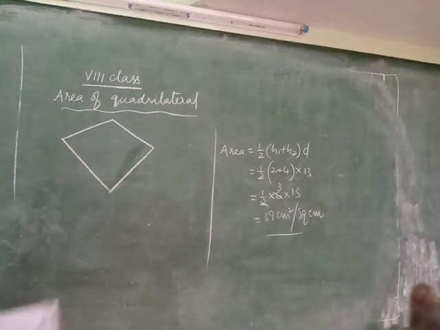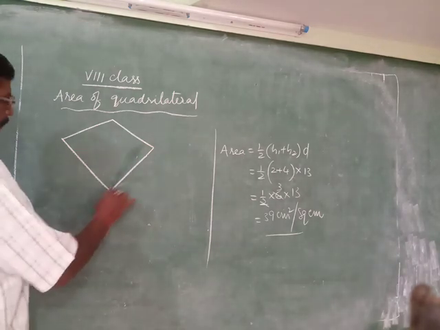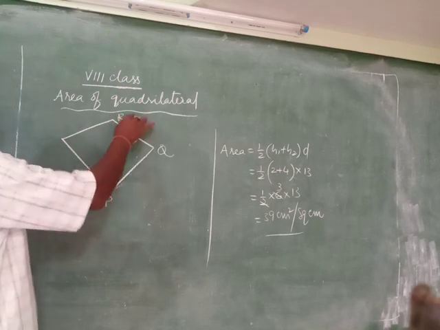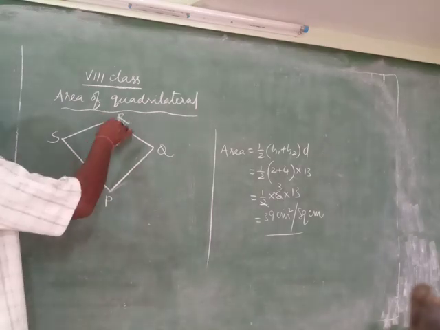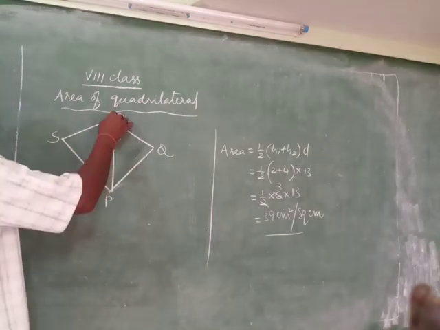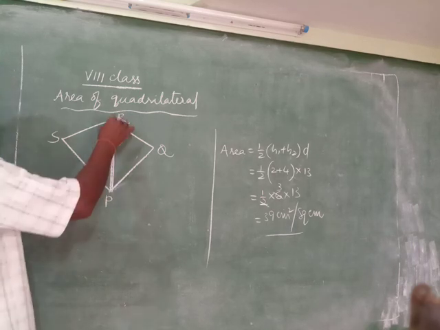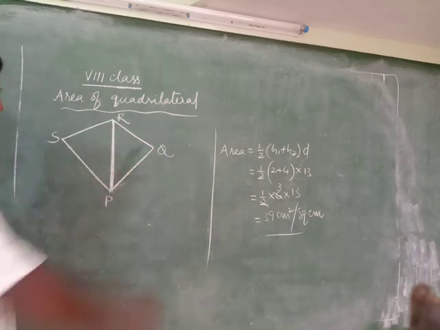This is a quadrilateral named PQRS. This is one more quadrilateral. This is the diagonal. One more diagonal is there.